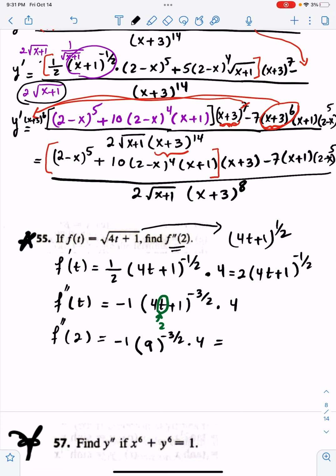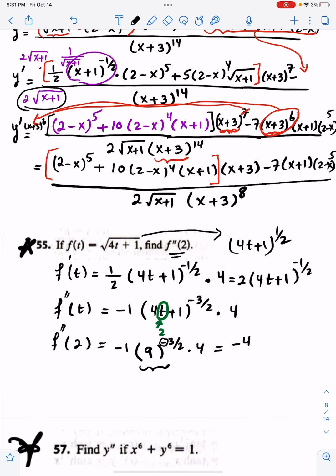To simplify this, first we need to take that to the denominator. So on top we have negative 4 as a result of 4 times negative 1. On the bottom we have 9 to power positive 3/2, which is 9 to power 3 square root of that, which is negative 4 over square root of 9 cubed.